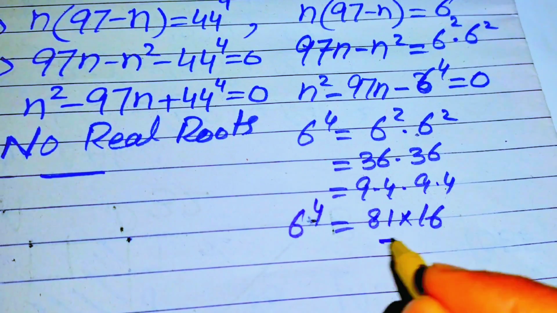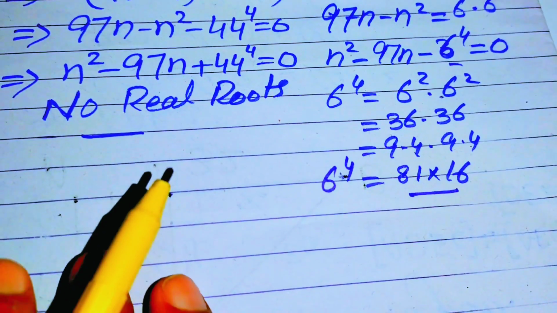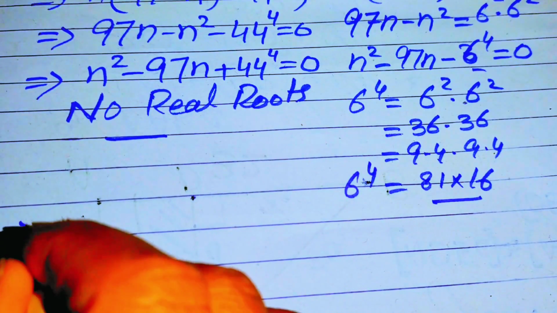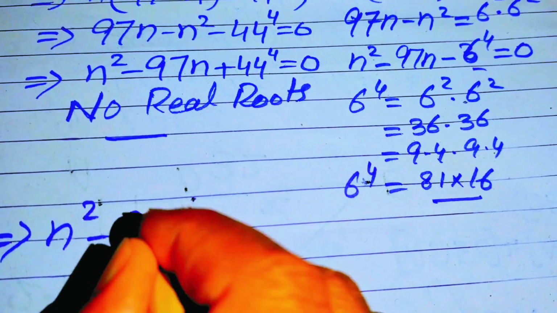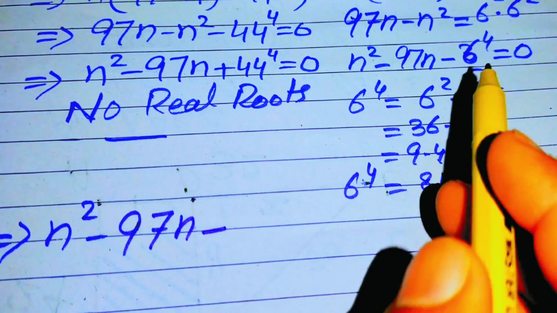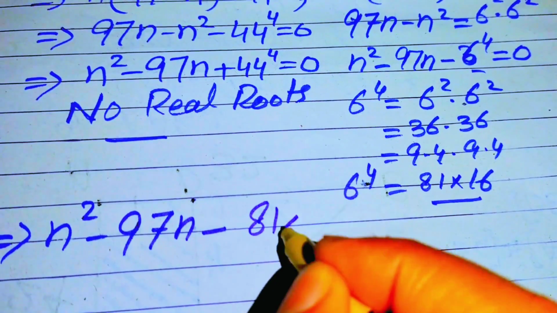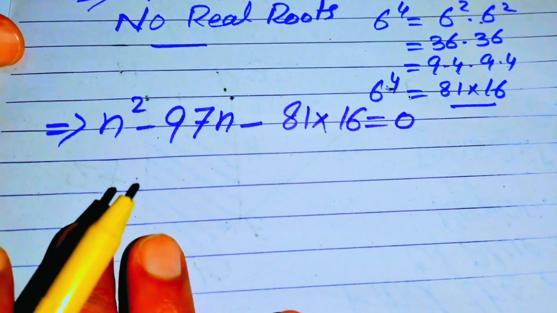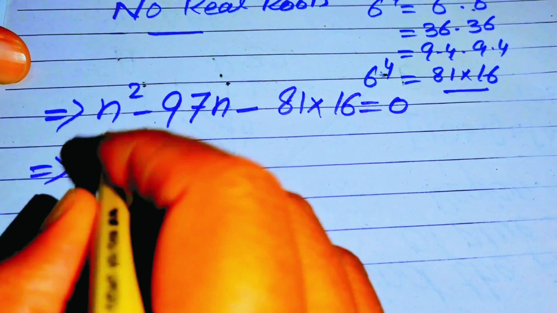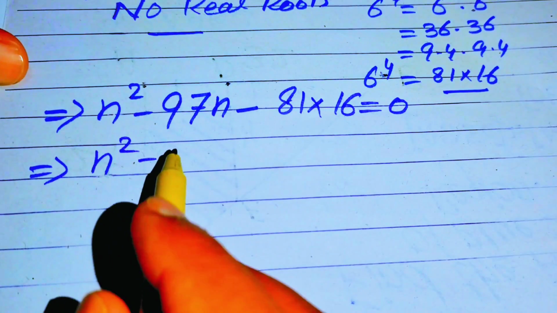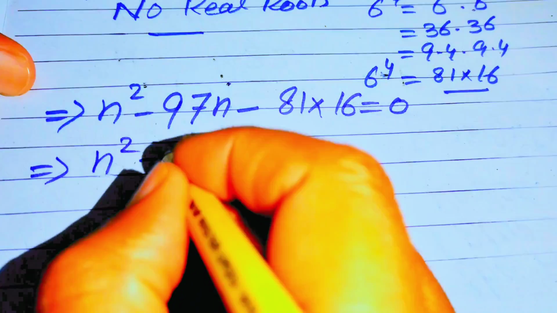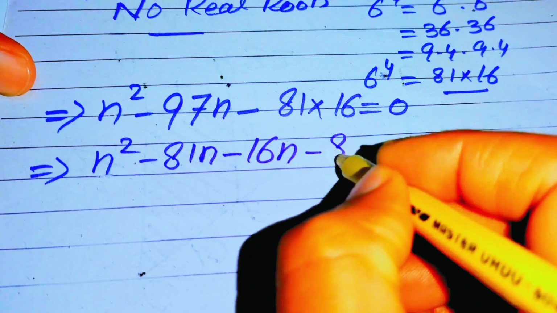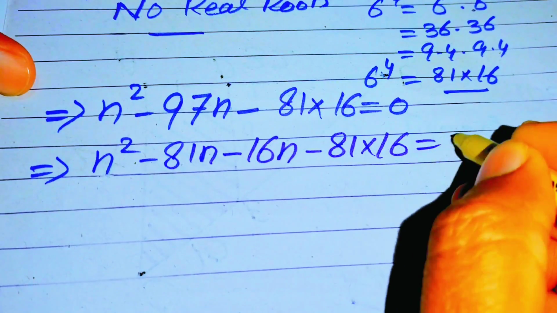So we replace this term here and we write it in this form: n squared minus 97n plus 81 multiplied by 16 equals 0. Now we break its middle term and find the factors of this equation. We write 97 as minus 81 times n minus 16n plus 81 multiplied by 16 equals 0.